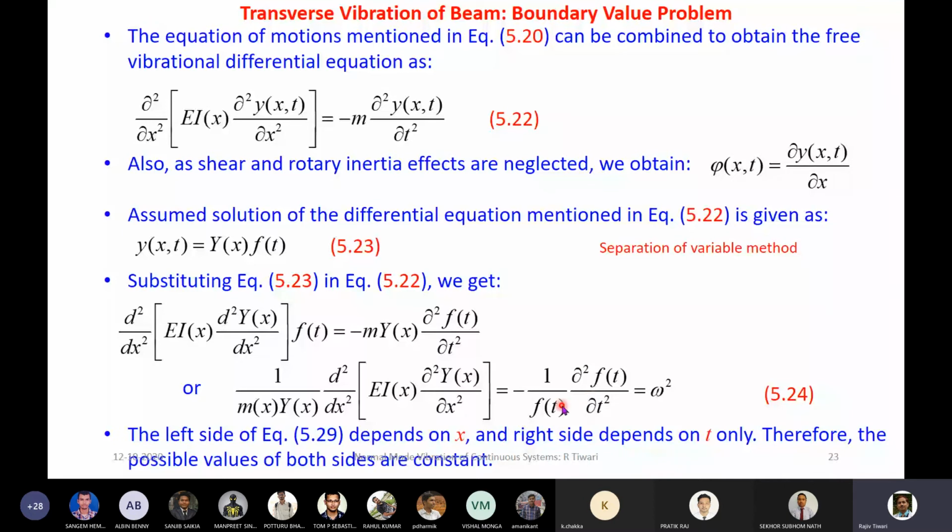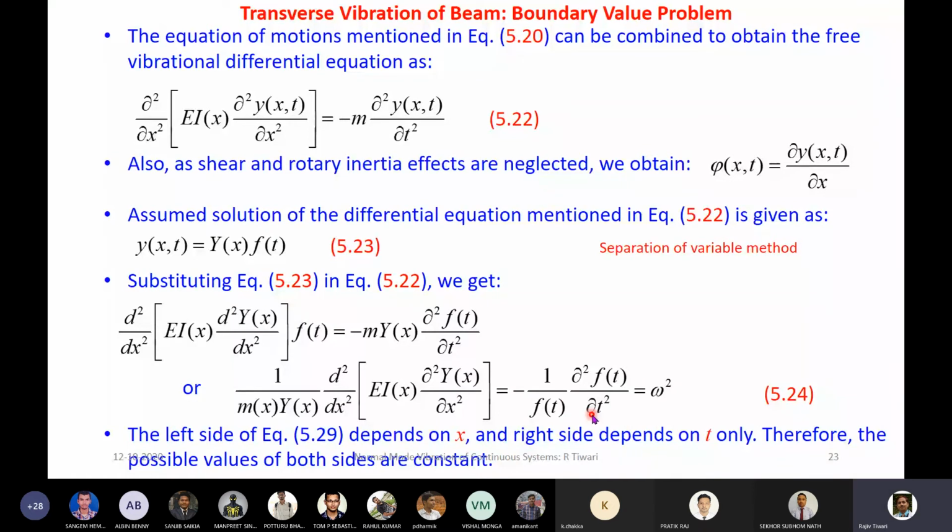So how can they be the same? They can be the same only when they are equal to some constant. Here that constant we are taking as a positive constant, omega square, because this positive constant will give us a harmonic motion, which we require for the free vibration we are solving.